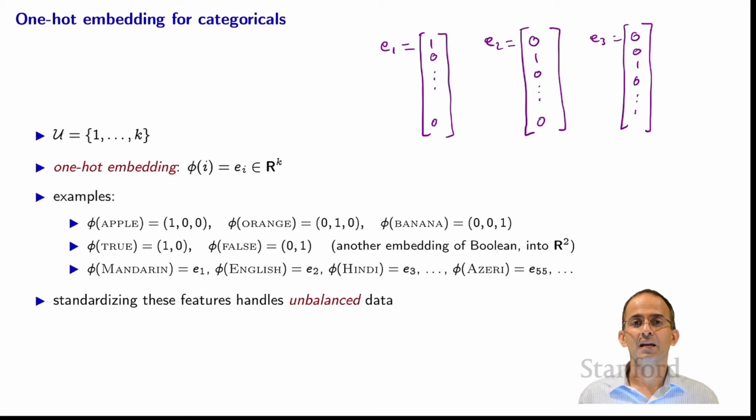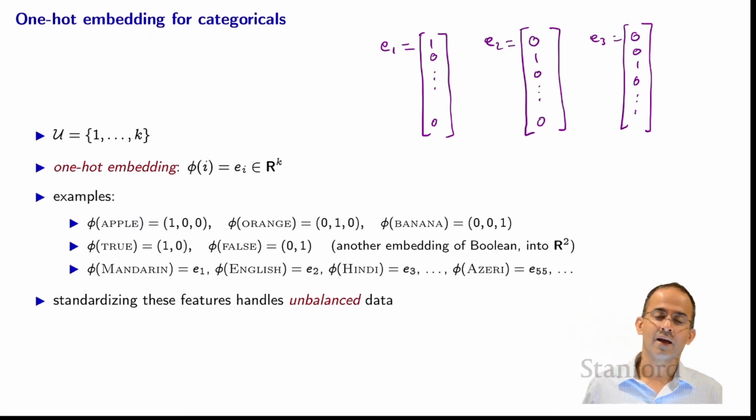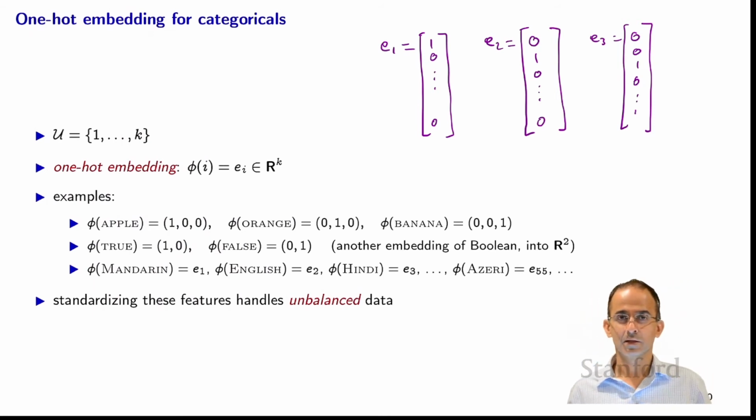And in particular, the mean and the standard deviation of the data set will be affected by the proportions of the different categories that show up in the data set. And that's a nice way of handling unbalanced data sets. And we will see some of the problems that show up with unbalanced data sets later in the class.